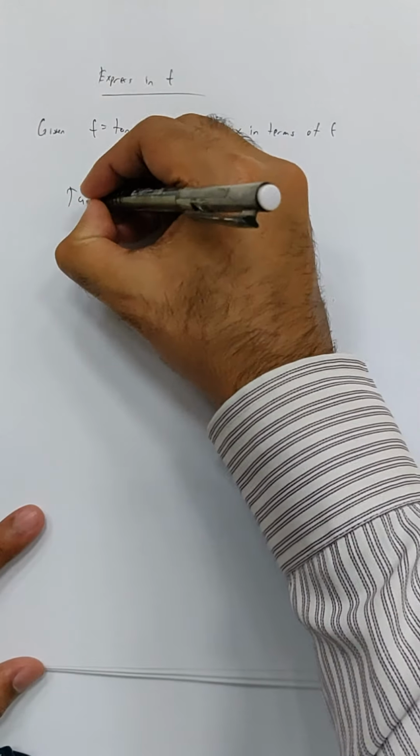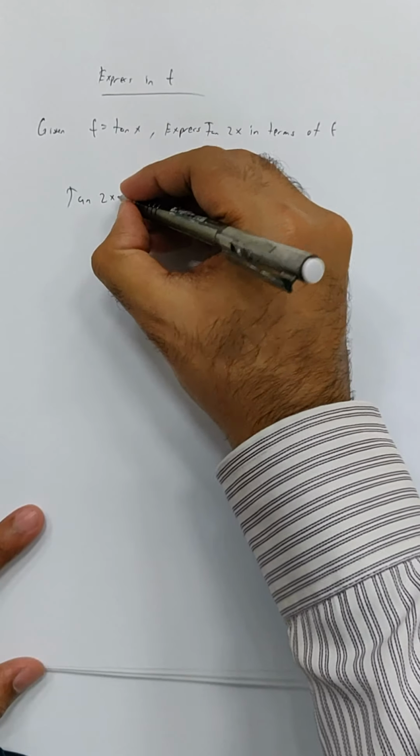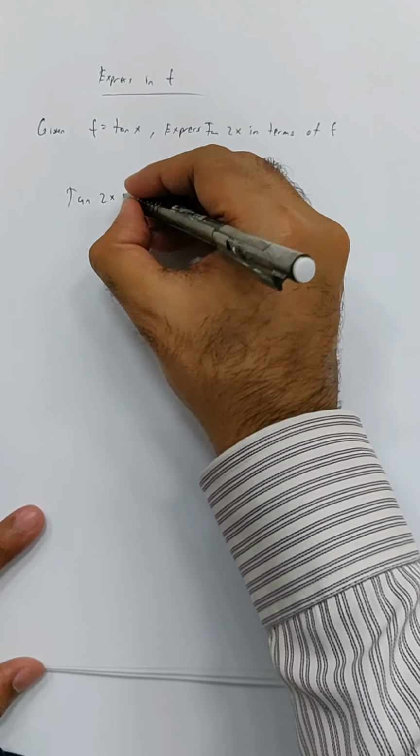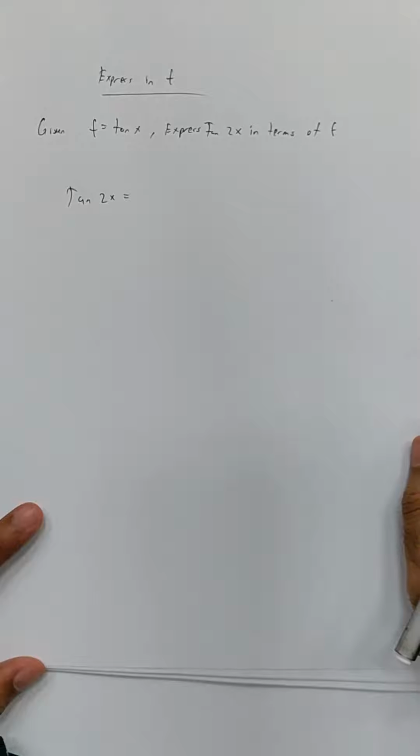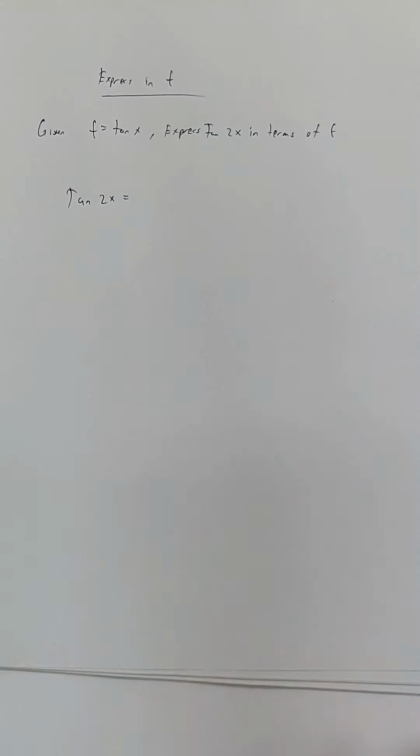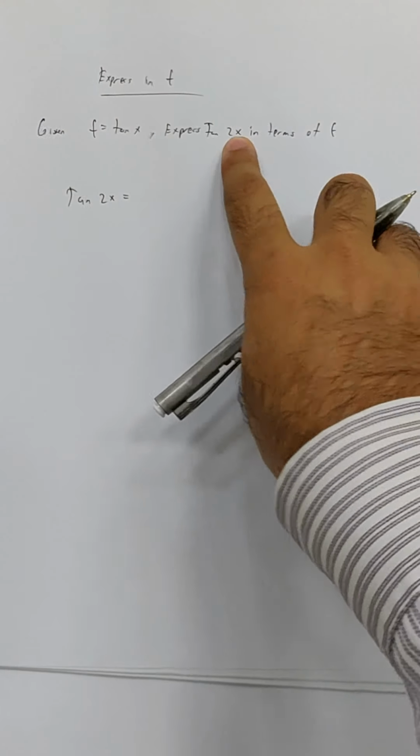This is from past year, we can have a look at our formula sheet. Look here, we got ourselves tangent 2x, and what's given here is tangent x.